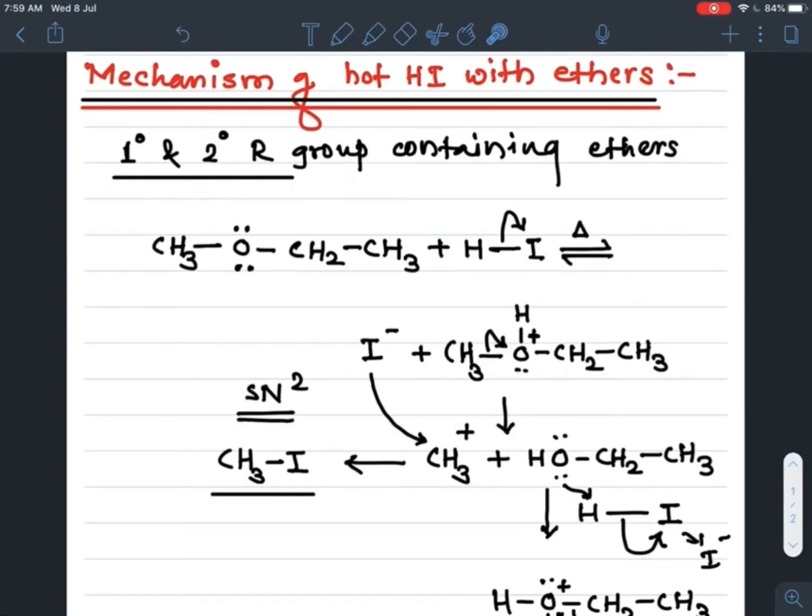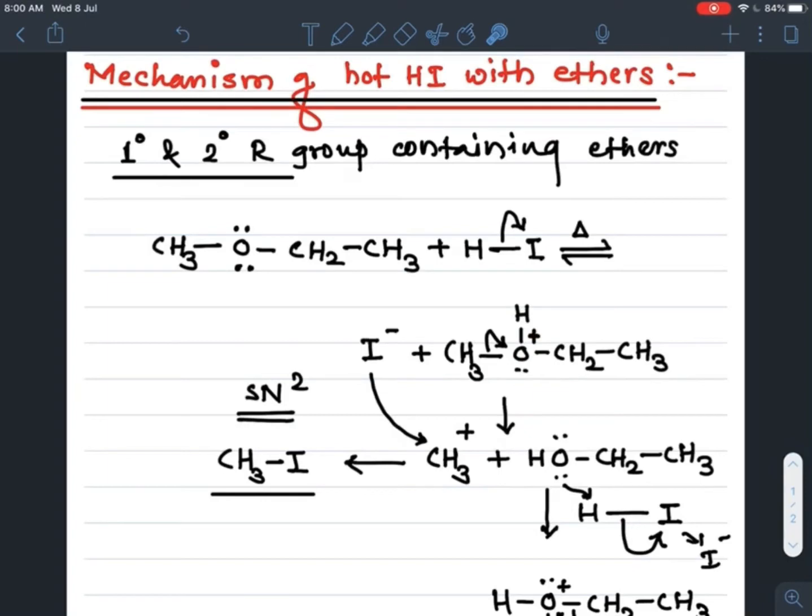Once again, when primary and secondary alkyl group containing ethers are treated with HI in hot condition, the bond in HI breaks heterolytically and forms H plus and I minus. The oxygen donates a pair of electrons to the H plus and bonds to it, acquiring a positive charge.